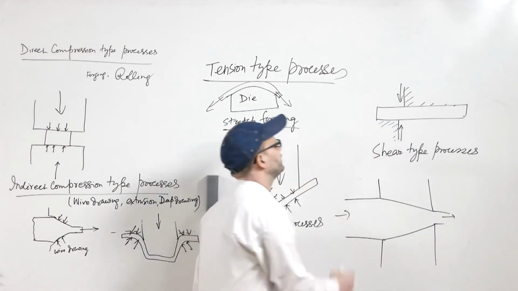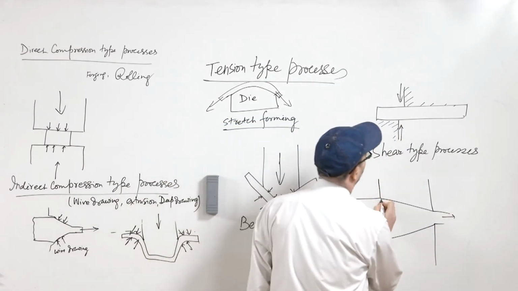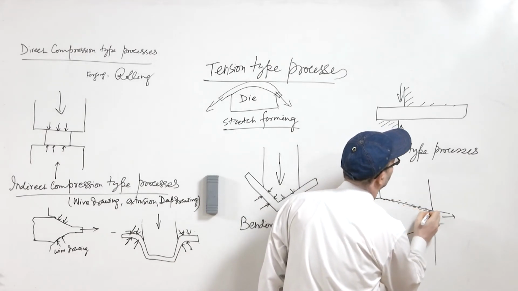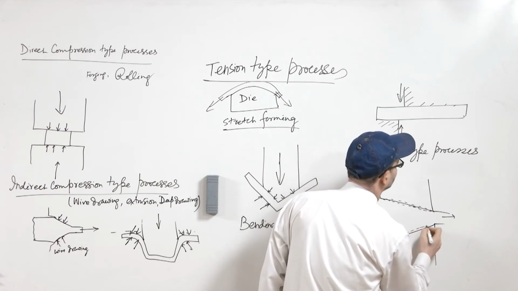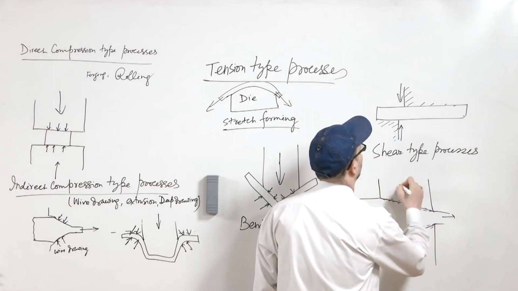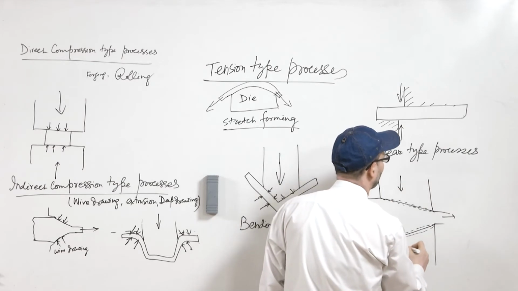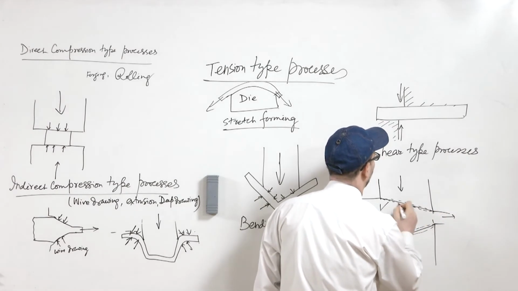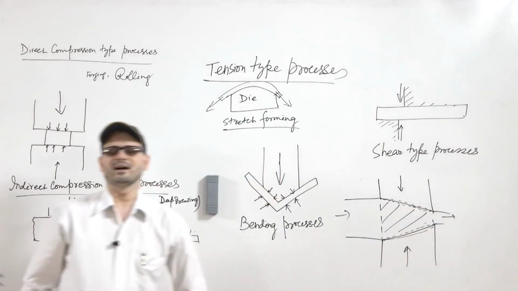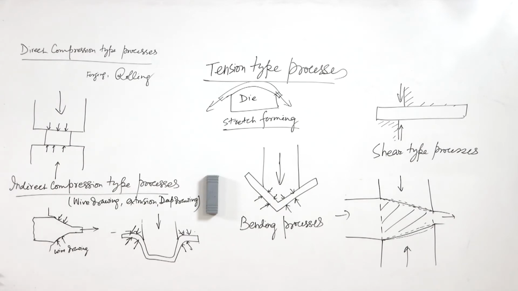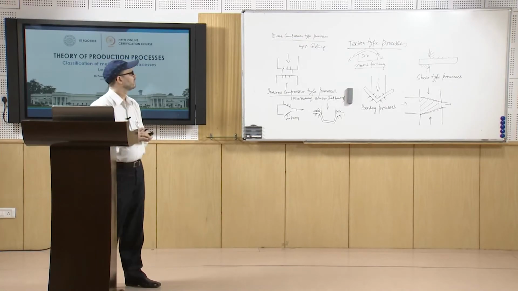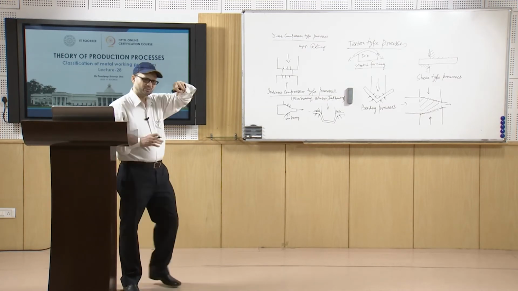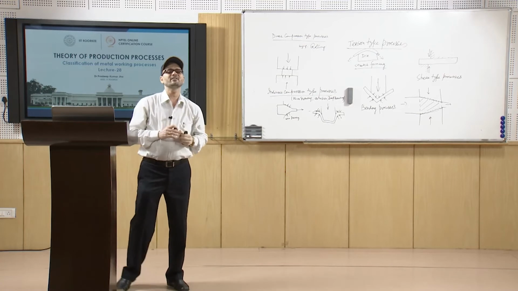Suppose here you have one envelope forming, and these are the dies which apply the pressure. This zone which is in between the dies is known as the deformation zone. Now what is this deformation zone? The zone where the deformation process takes place is the deformation zone.